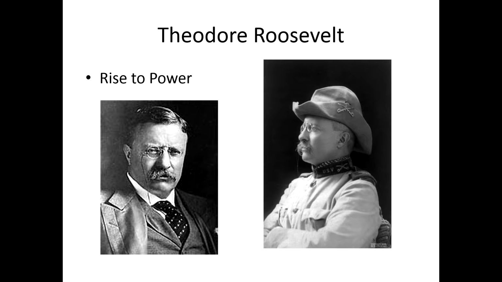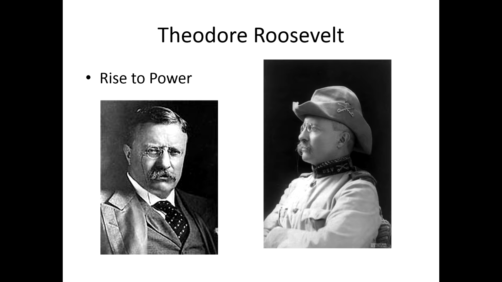He was a member of the New York State Assembly. He was then New York's police commissioner. He was a war hero in a war against Spain, and we'll talk about that later. He was also elected governor of New York, and this is when you need to start writing the notes. This is where he comes into play.